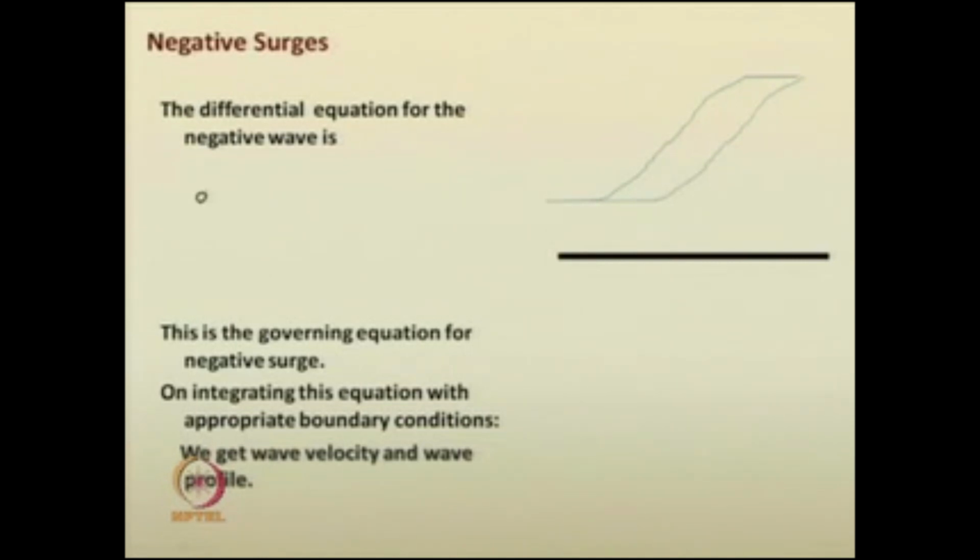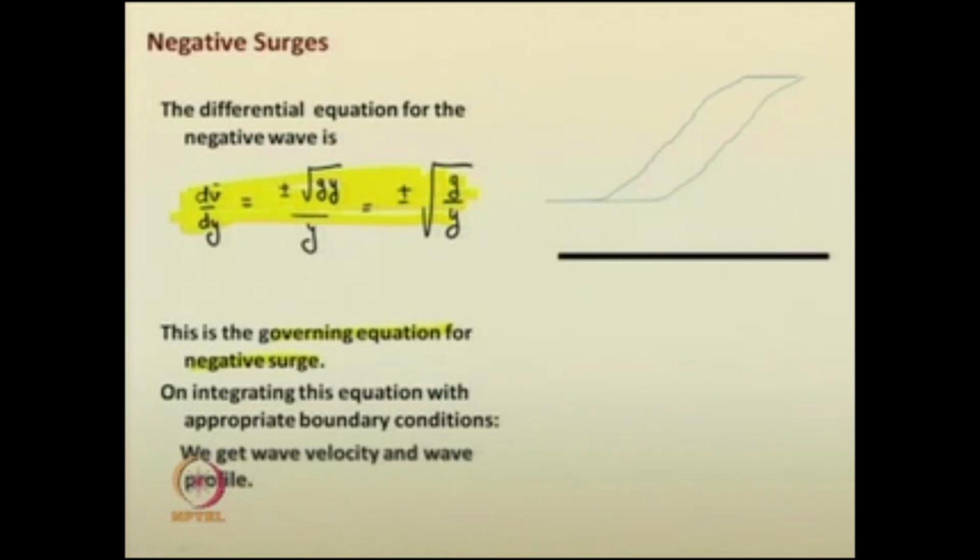You can see now dV bar by dy is nothing but equal to celerity, which is root of g y by y, or this is equal to plus or minus root of g by y. So, this is your differential equation. This is the governing equation for a negative surge. For a negative surge, you can use this particular governing equation.